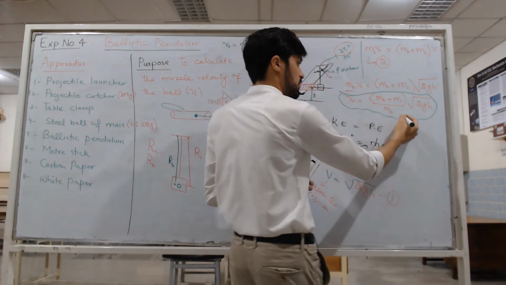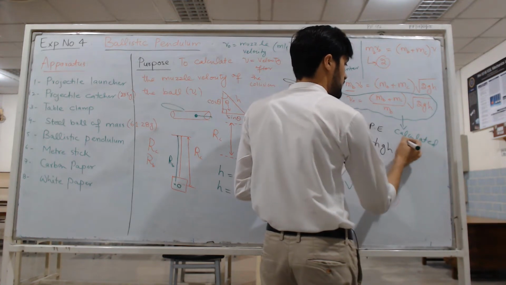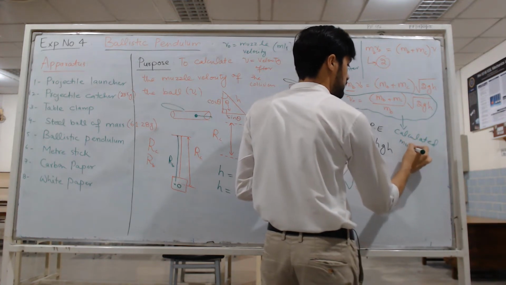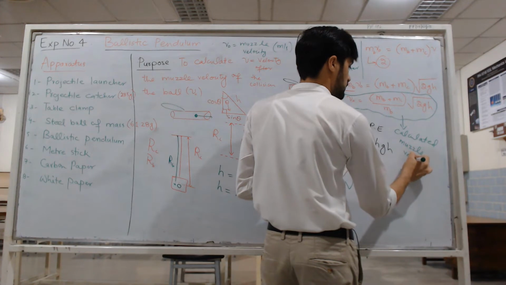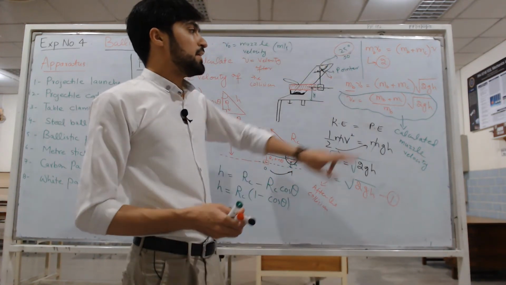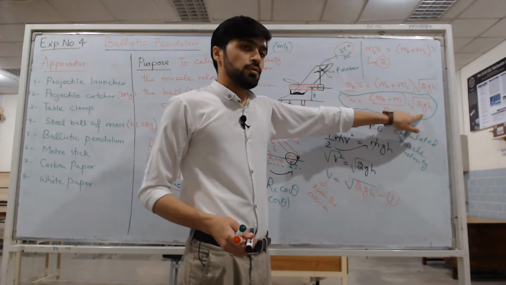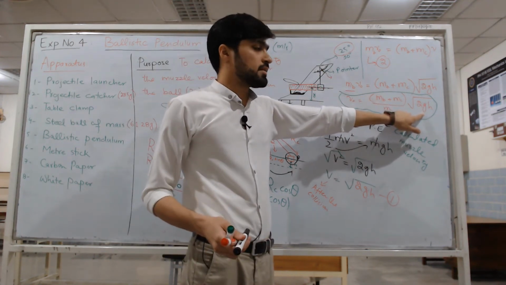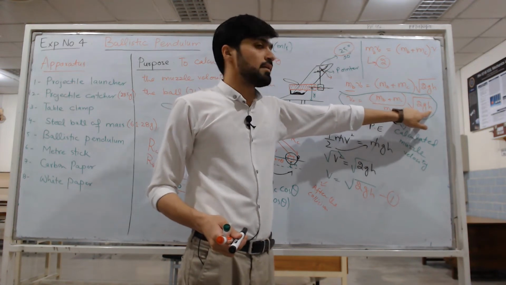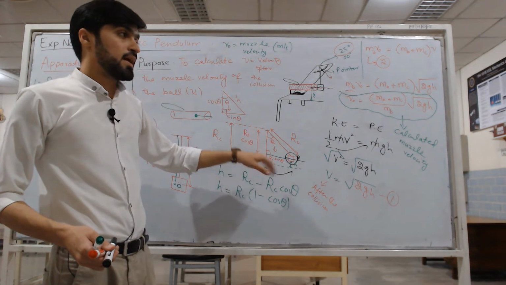This is called the calculated muzzle velocity. So what will be required? You will need the mass of the ball, the mass of the catcher, the gravitational acceleration 9.8 meters per second squared, and h. We have to calculate h by different trials.